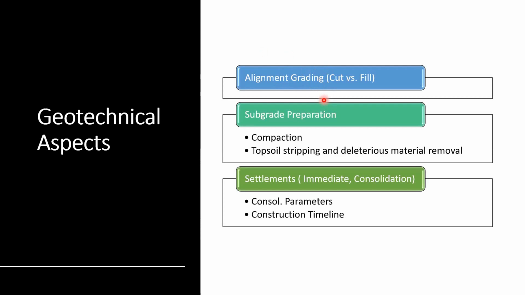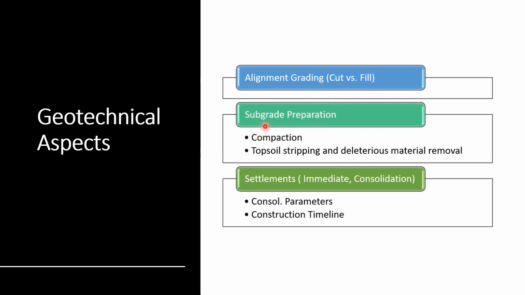Cut versus fill, how much fill you're comfortable with, given how strong or weak your subgrade soil is. The cut sections, recommendations related to excavation when you have a cut grade versus a fill grade. Subgrade preparation, so the compaction, you always need to specify the compaction effort.